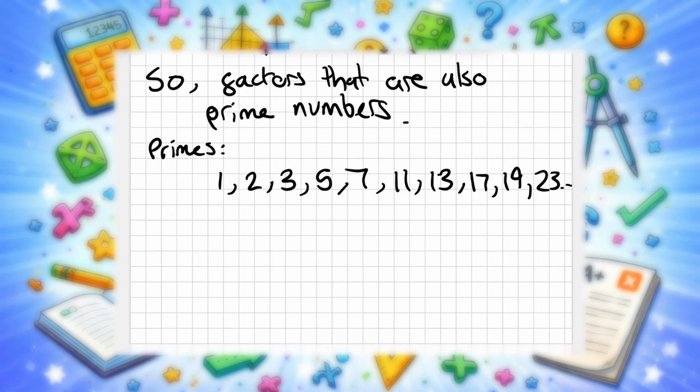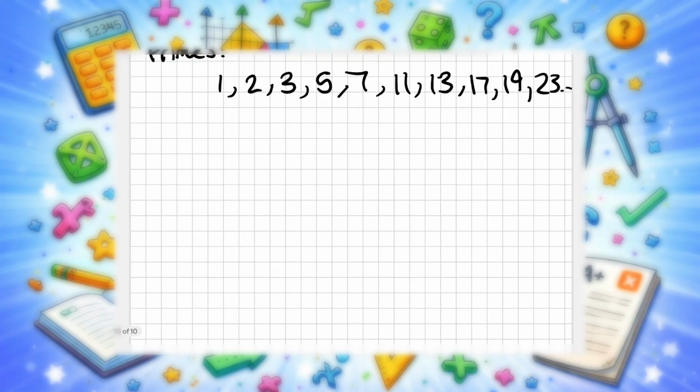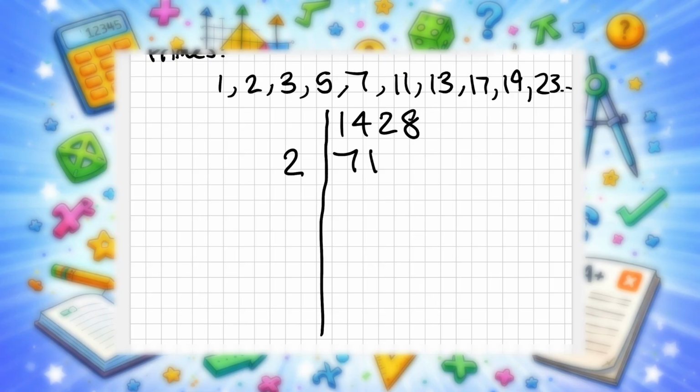Let's run through an example and how I believe is the best way to write out something as a product of prime factors. So let's take 1428. Now we can see it's even, so it's divisible by 2. So we write 2 and then the result next to it, 714.